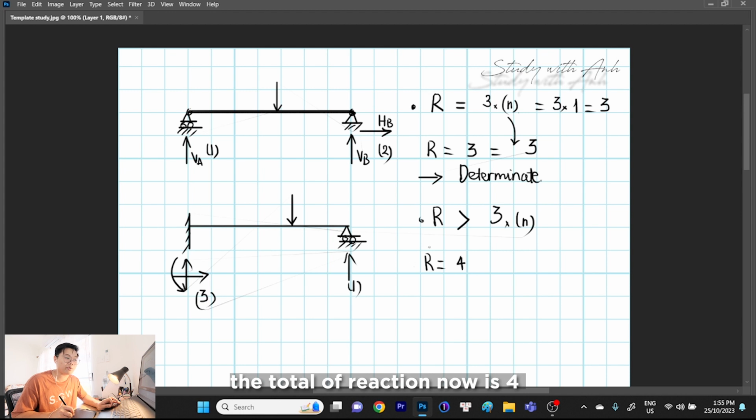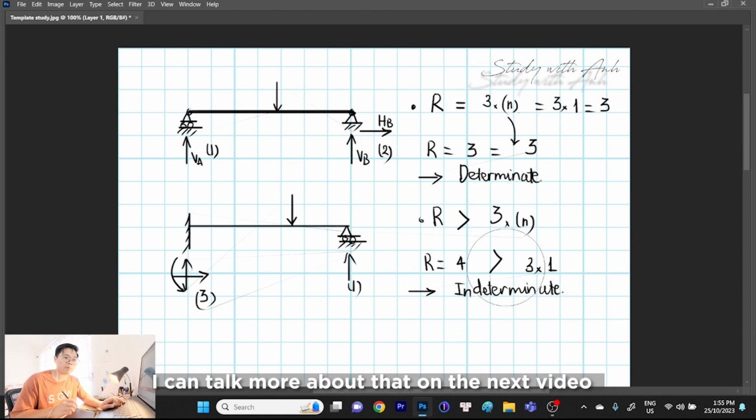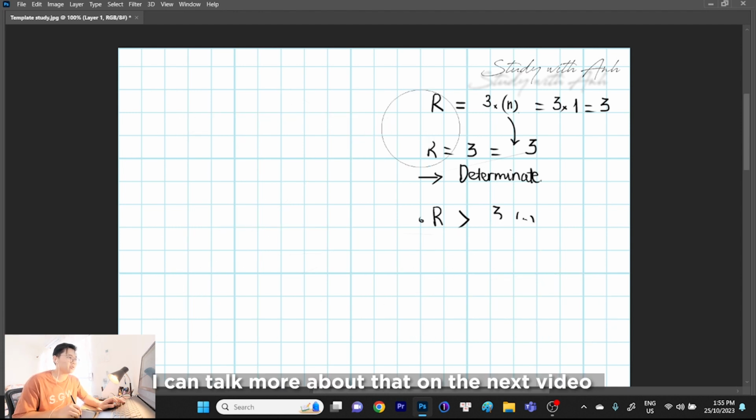So the total reaction now is 4. It is greater than 3 multiplied by 1, so now the structure is indeterminate. I can talk more about that in the next video if you want.